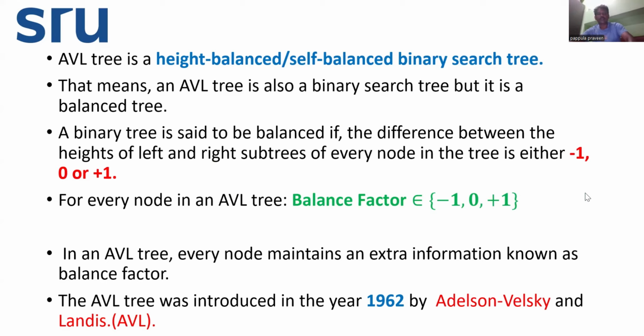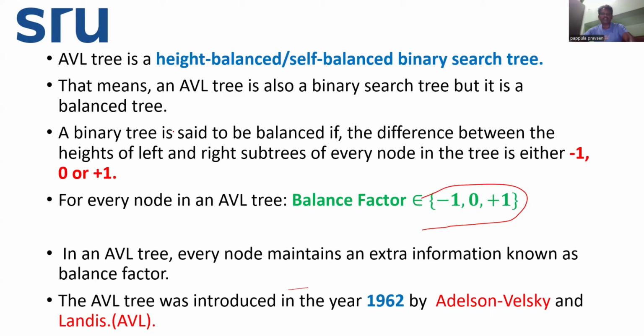A binary tree is said to be balanced if the difference between the height of the left subtree and right subtree of every node in the tree is either -1, 0, or +1. That's why the balancing factor is -1, 0, +1. For every node in an AVL tree, the balance factor belongs to -1, 0, +1.